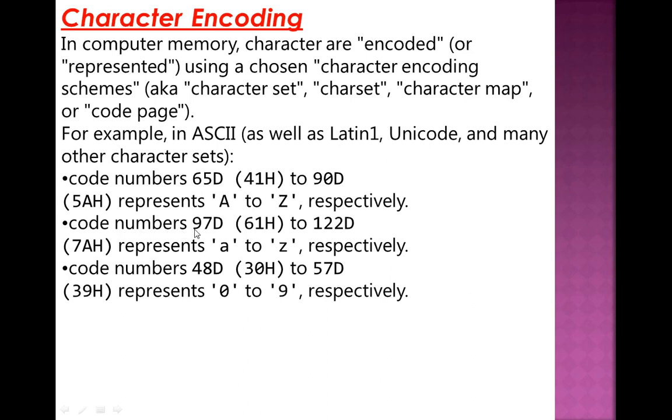In the same way, code number 97D onwards is the representation for small a to small z. This is from capital A to capital Z, this is from small a to small z.